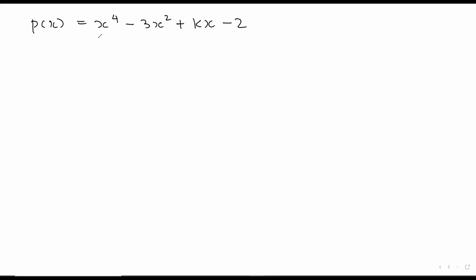So they are giving you this polynomial, but you don't know the value of K. And now they're saying that when P of X is divided by X minus 2, the remainder turns out to be 10. Now they're asking you what is the value of K. So can someone tell me how should we go about this problem? Just take some time to think about it and then let me know.